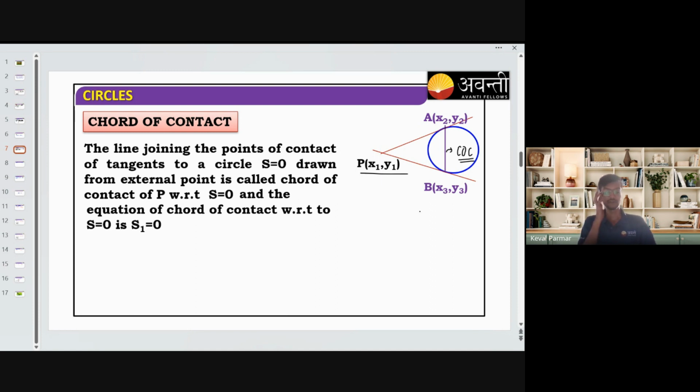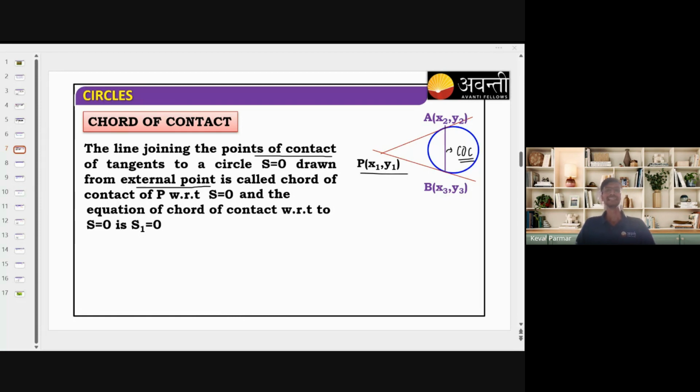So what is a chord of contact? You can read the definition: the line joining the points of contact of tangents to the circle drawn from an external point. So when two tangents are drawn from an external point and we join the points of tangency, then the line segment that we get is called the chord of contact.